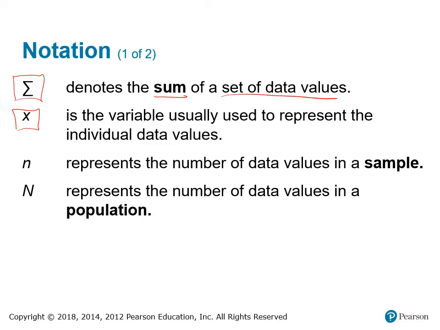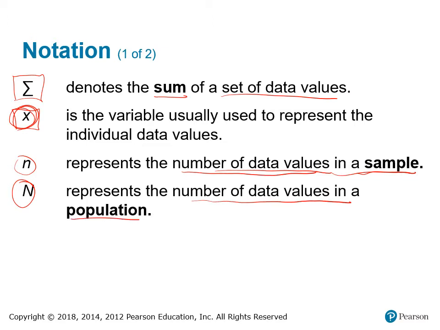So if we're talking about a random specific data value, we would use x. Then we have n, lowercase n and capital N. Lowercase n represents the total number of data values in a sample, and capital N represents the total number of data values in a population.